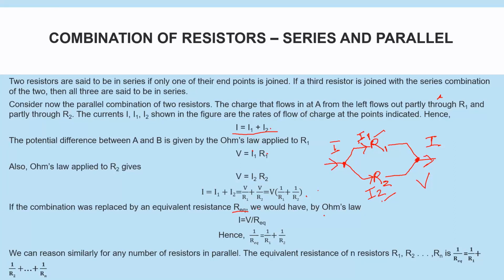the equivalent current is equal to the voltage drop across the combination divided by the equivalent resistance. Over here, if we consider this equation, I is equal to V times (1 by R1 plus 1 by R2). If you take this over here, what you're left with is I by V, which is going to be equal to the equivalent of the parallel combination. So 1 by Req is equal to I by V, that is equal to 1 by R1 plus 1 by R2.